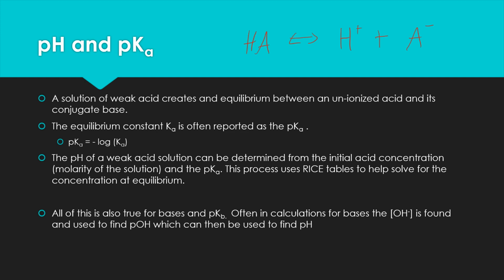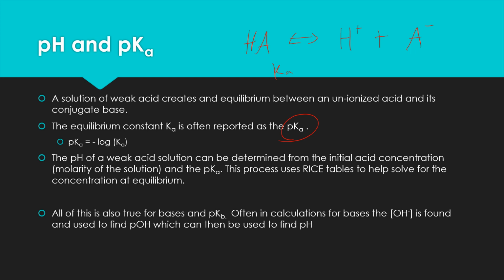The equilibrium constant for this, sometimes instead of being reported as Ka, is reported as the pKa. Now we see that P in front, just like we see it in front of the pH, so it's calculated the same way as pH. Instead of the negative log of the hydrogen, it's the negative log of the Ka value. It does a similar thing to our numbers: we get rid of those scientific notation exponents, which simplifies things.